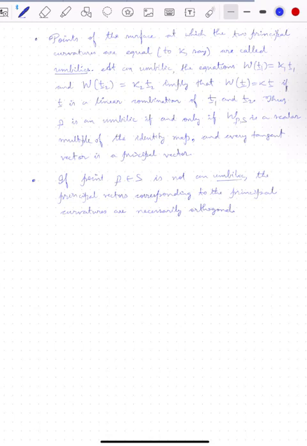So in a sense, even if P is an umbilic or not, we can always find two orthogonal principal vectors in T_P S, right?